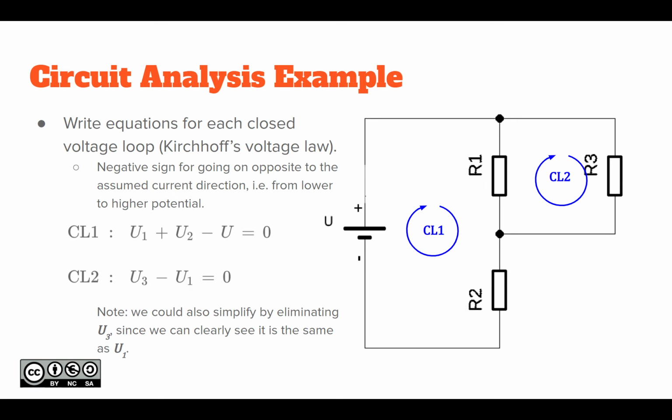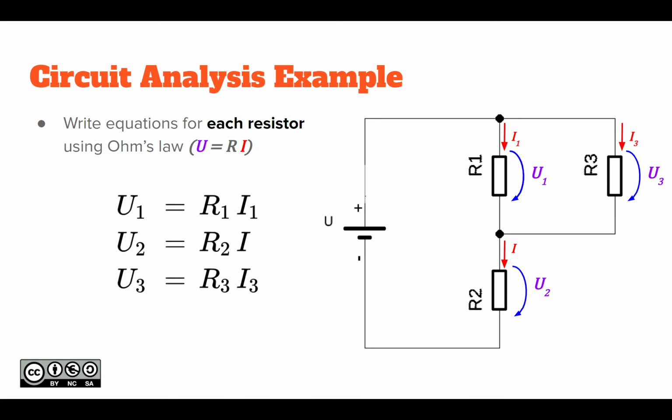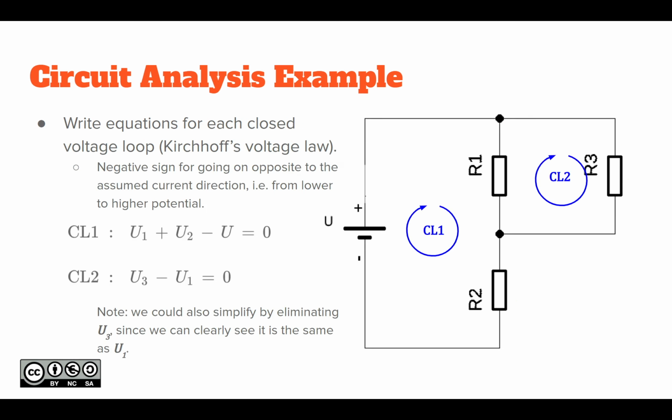For each closed voltage loop, you just go through the voltage drops. Things to remember: if you are going in the direction of the assumed electric field, from higher to lower potential, then the sign is positive.